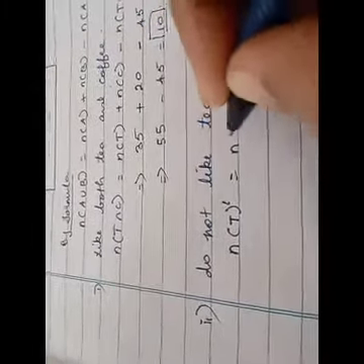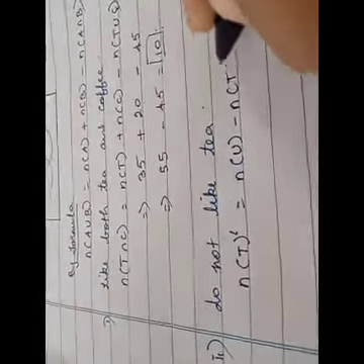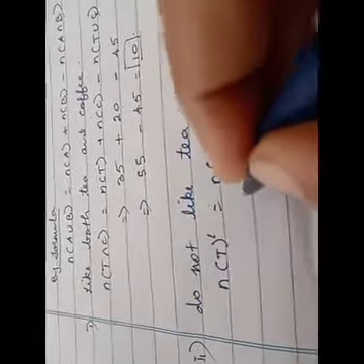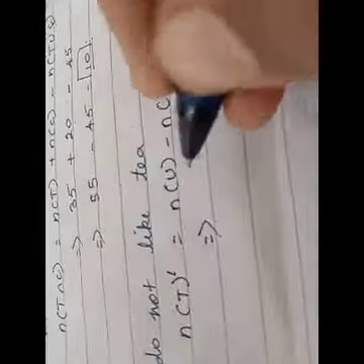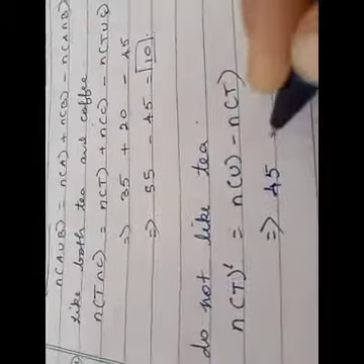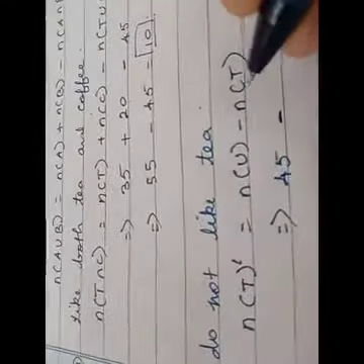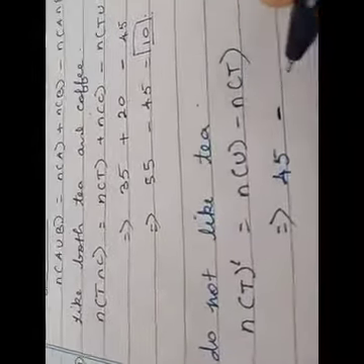The people who do not like tea is n of complement of T, which is equal to n of U minus n of T, as complement always means. Here n of U is the total number of people in the party, 45, minus n of T, 35, which is equal to 10.